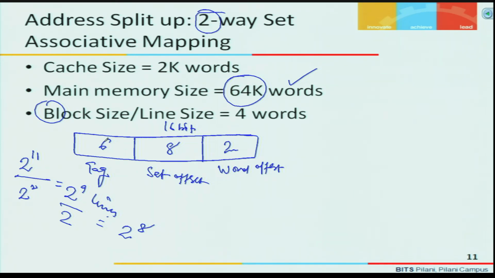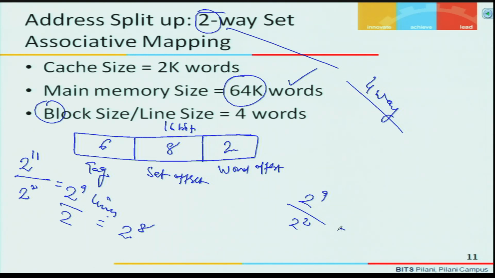If I make it from two-way set associative to 4-way set associative, let us say, what does it mean? Each set contains 4 lines. So, the flexibility of putting the data from the main memory to the cache is a little bit increased from 2 to 4. Now, how will the address be changed? You can easily figure out. At the time of calculating the sets, total 2 power 9 lines are there. Now you divide by 2 power 2 because you have 4 lines per set.